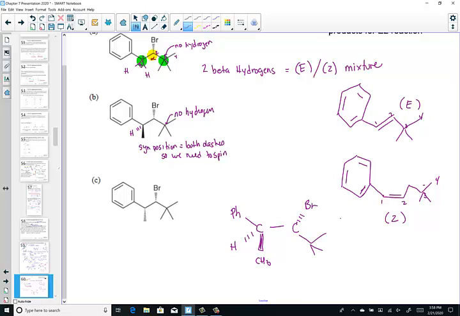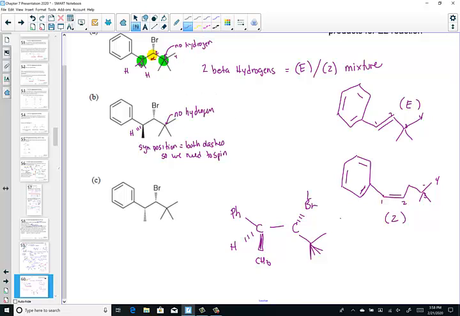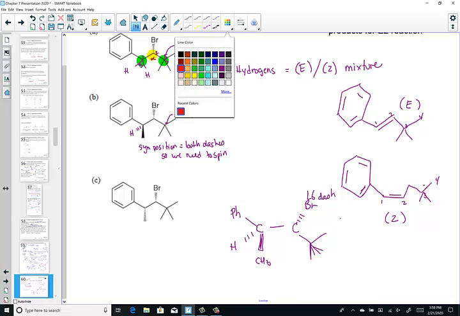So I know that that's the wedge, and I lead down to a tert-butyl group. Right now, I don't have them anti-periplanar. They're both in the same plane. So just to stress, if the leaving group is a dash, the hydrogen next door must be a wedge. It must be in order for the reaction to occur correctly.